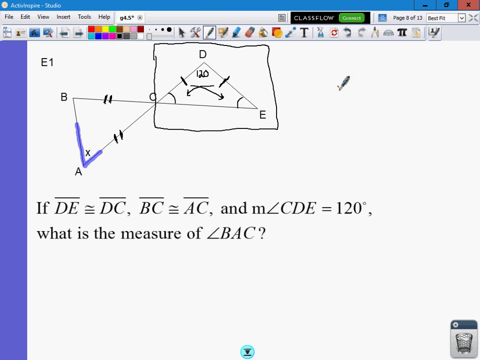How many degrees are in a triangle? 180 degrees in a triangle. How many have I used up? So there's how much left? And I have two angles that are the same, that has to be split between. What am I going to do with that 60? Divide it by two, so this is 30 degrees.